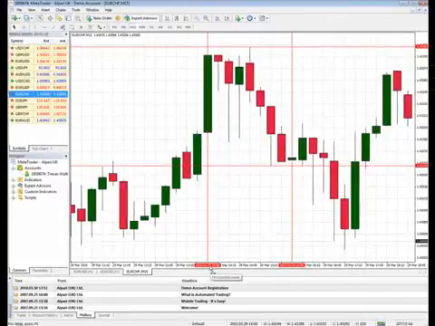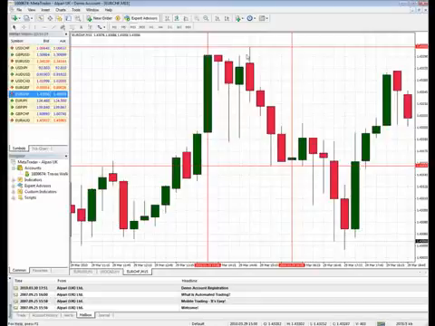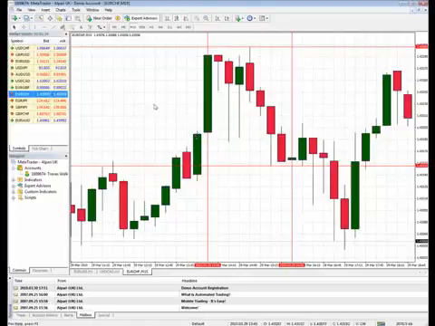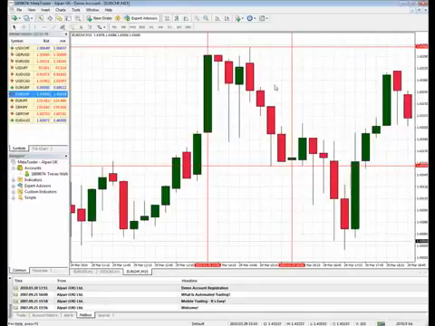We have a vertical line at 1400, a vertical line at 1600, and then a horizontal line at the top price point. In this case, it was 1.43302, and we're looking at the Euro CHF. You wouldn't actually trade that chart with this system, but it gives an example. And then we have another horizontal line at the low price point in between this time frame, which is 1.43152.